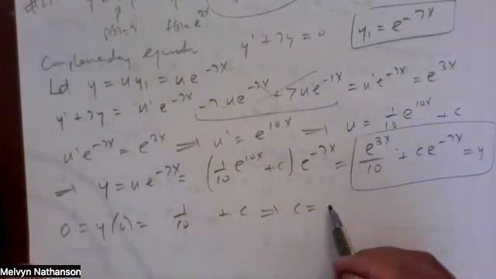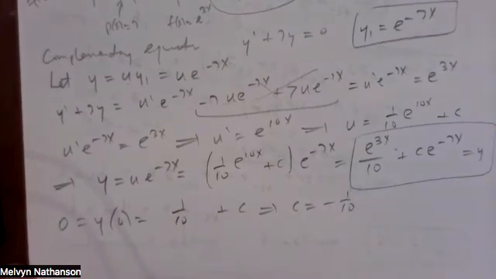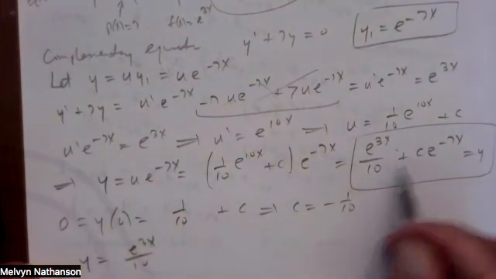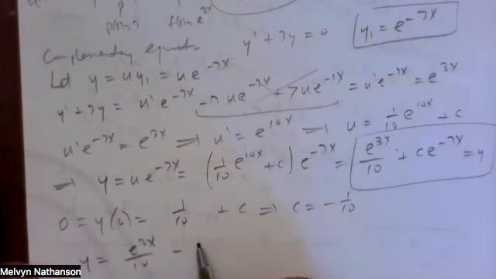So c is equal to minus 1/10. So my particular solution is y equals e to the 3x over 10 minus e to the minus 7x over 10.